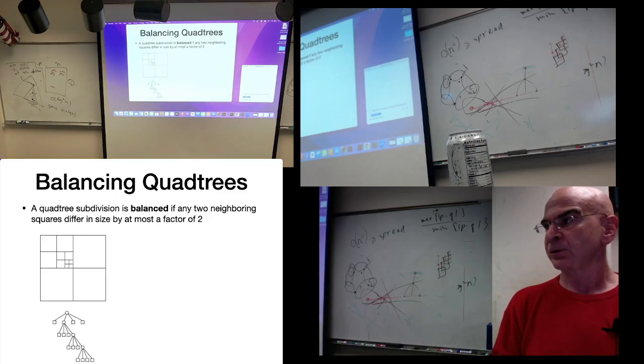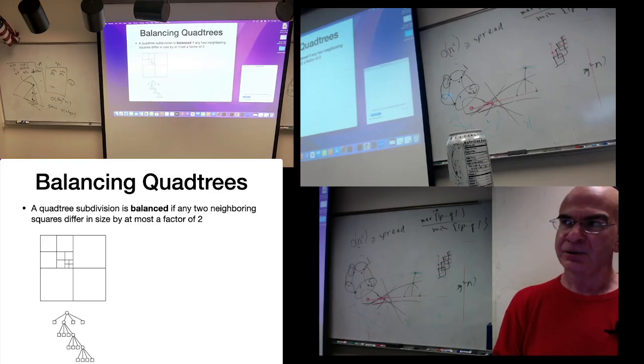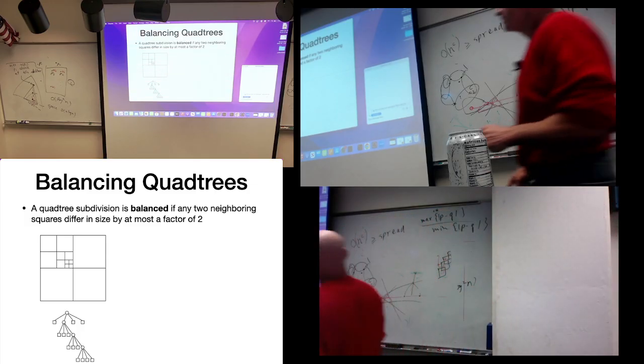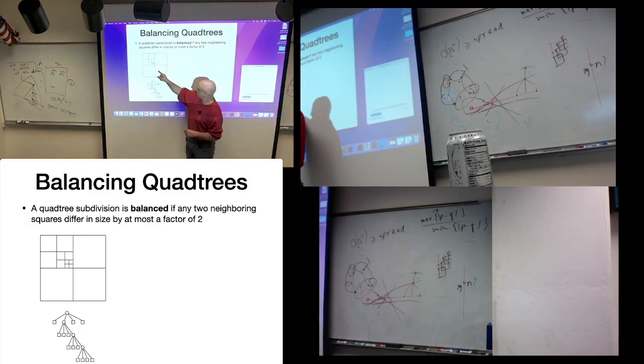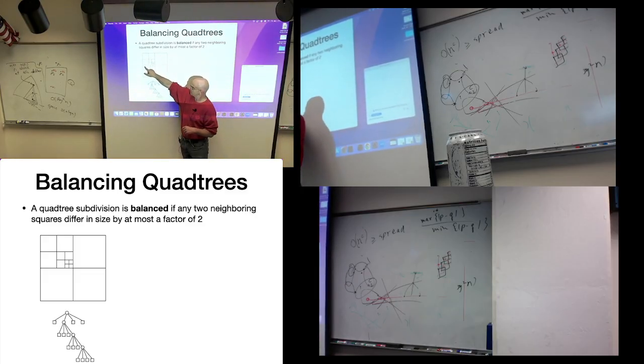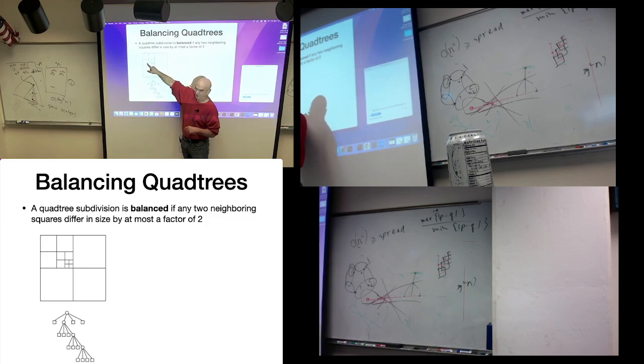And balanced quad tree, don't confuse with compressed quad tree. A balanced quad tree says the size of every quadrant is different from its neighbors by a factor of at most 2. That is, this and this are either of the same size, or they differ by a factor of 2.